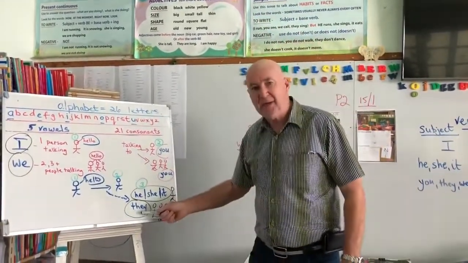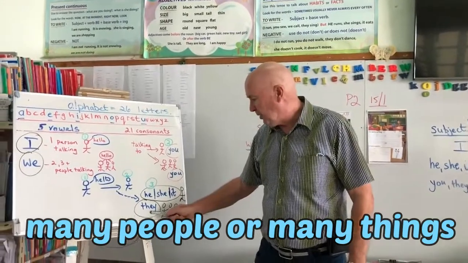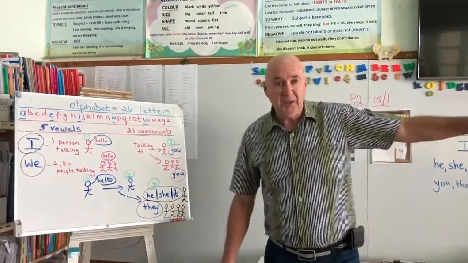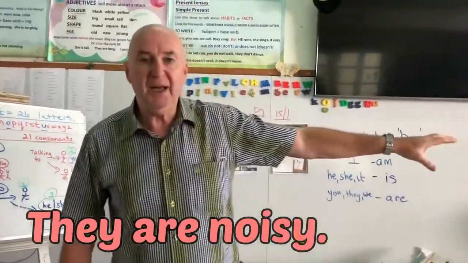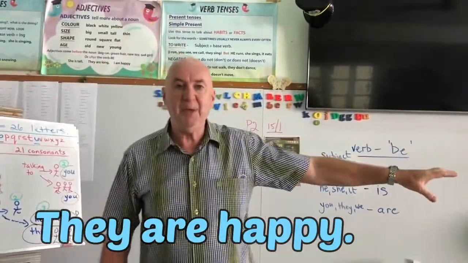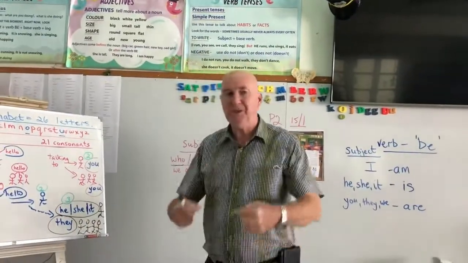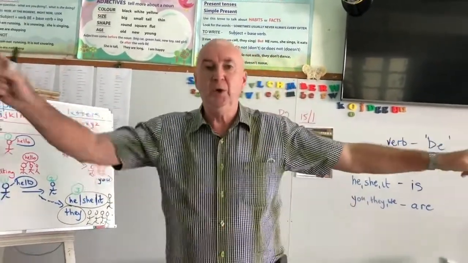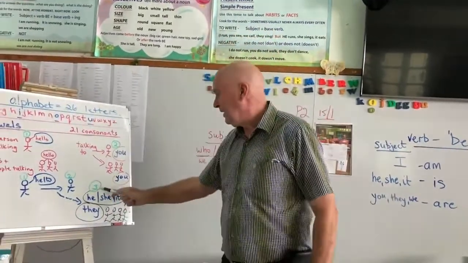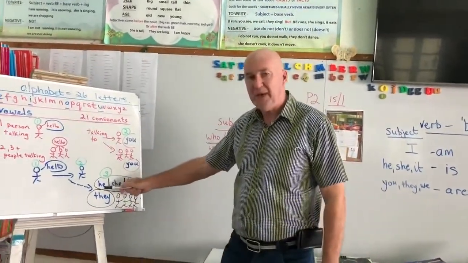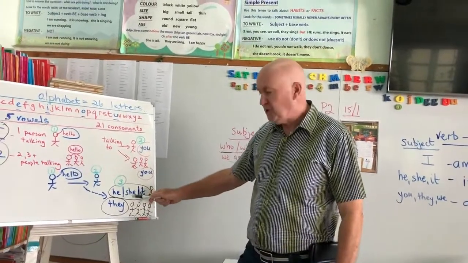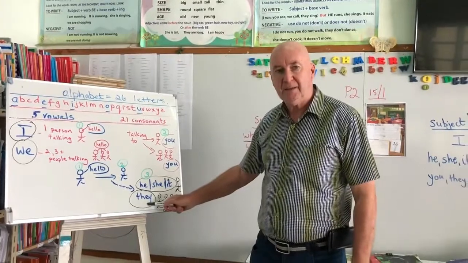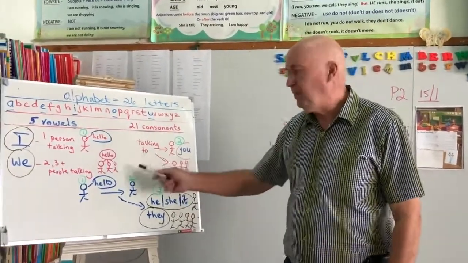And if I'm talking about many people or many things, then I would say they. Look at the people over there. They are noisy. They are happy. Okay? So it's I, number one, you, number two, and then who you're talking about is like number three. And if it's a man, we'd say he, a lady, she, an animal, it, or many things, we would say they. Okay? So that's how we look at the subject.